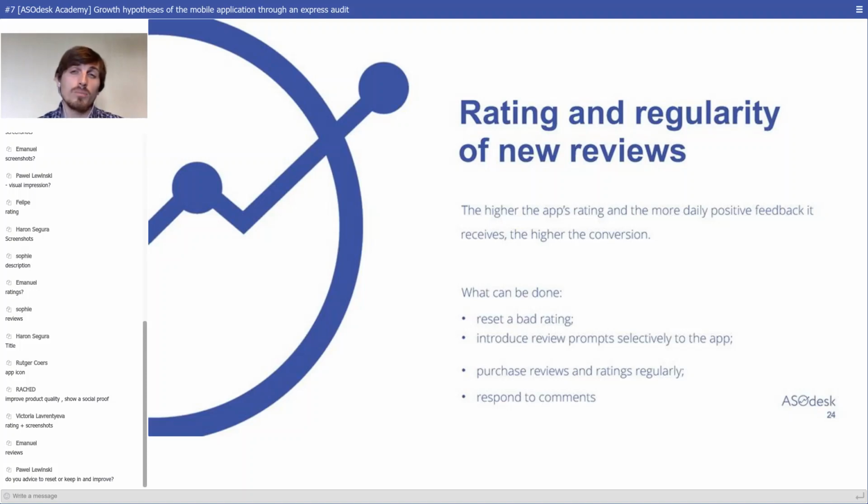So that's a big topic. If you don't have a review prompt, an ASO practitioner is obliged to make it clear to the app development team to introduce it. If you have a review prompt and you have a problem with the rating and the reviews, you should check at which moments your users are prompted to leave a review and a rating for your app.